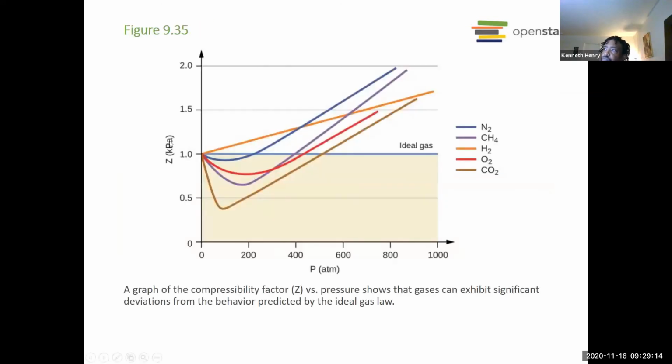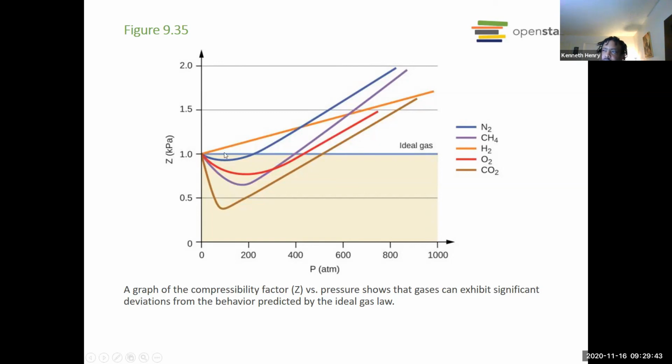So this basically is a graph, and this just shows you Z, which is called the compression factor. It's a nice way of showing you the distinction between ideal circumstances and non-ideal. You can see this is the pressure. As we start to get under high pressure, we start deviating from ideal circumstances.